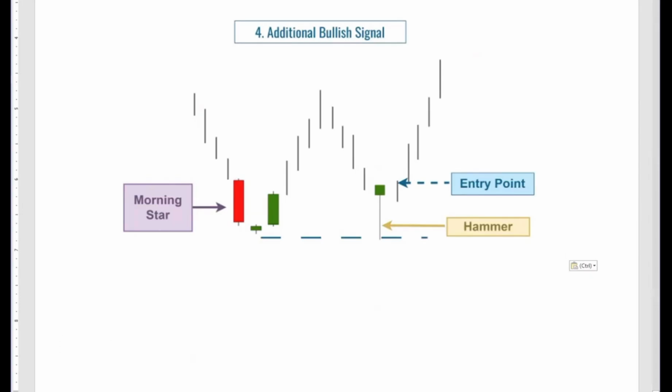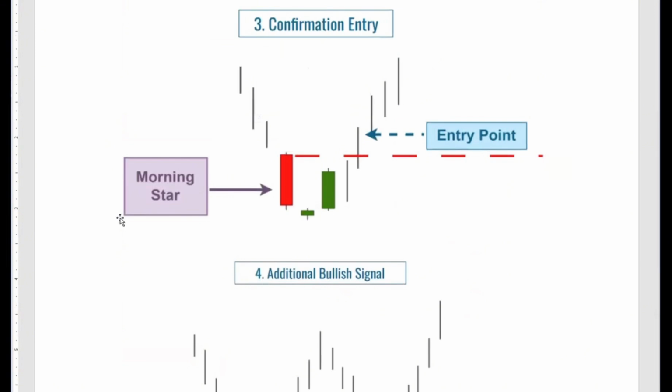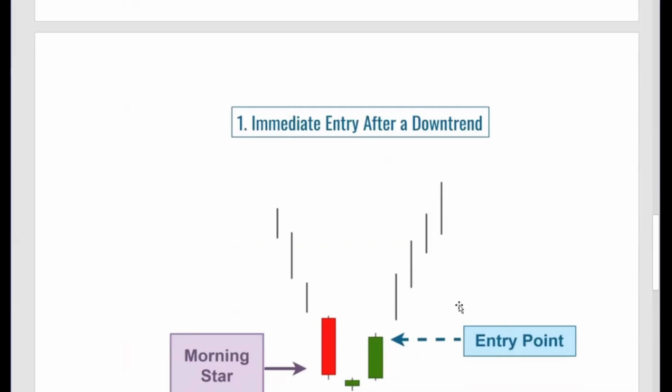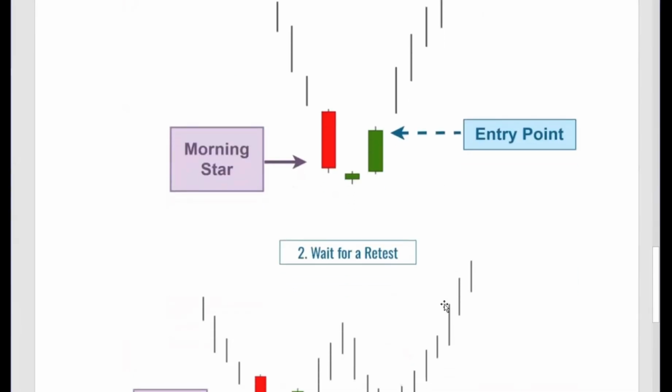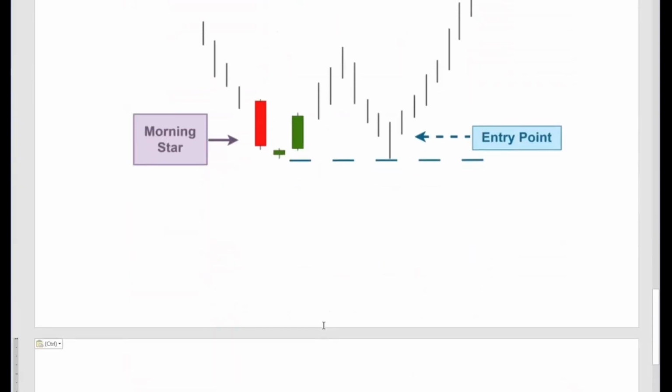So these are the advantages and disadvantages, for you to consider which method is appropriate for identifying the entry zone. And that is the four options to set up the entry zone using Morningstar candlestick patterns.